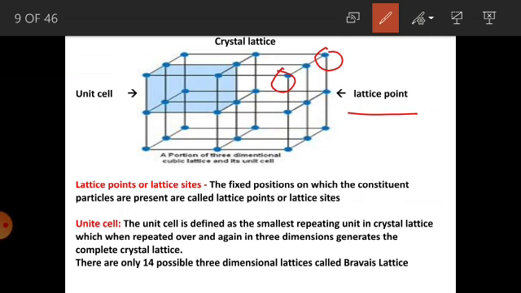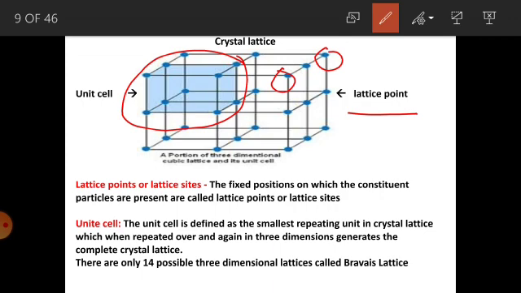The second one is unit cell. The unit cell is defined as the smallest repeating unit in a crystal lattice which when repeated over and again in three dimensions generates the complete crystal lattice. In simple language, it is a three-dimensional unit which generates the crystal lattice after repetition. Let me give an example to understand this point.